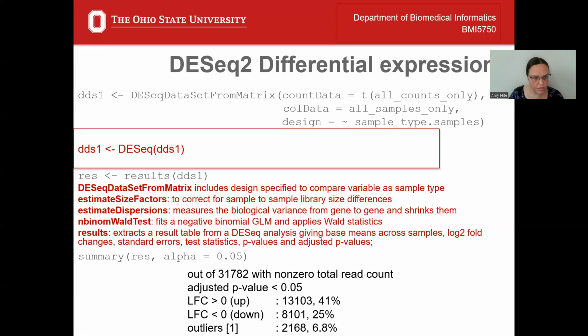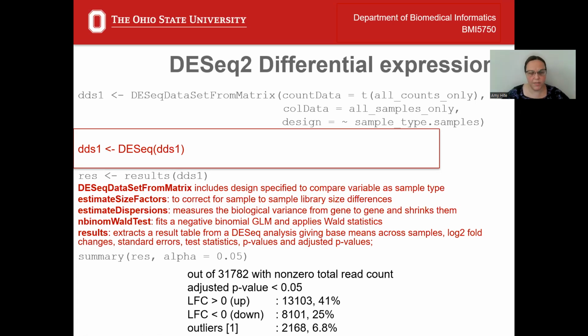So once you have results, you can ask R, give me a summary. I want to have a p-value cutoff of 0.05 and tell me how many genes I had that met that cutoff level. This is the output of that summary. Since we're using TCGA data, we have a very large sample size.